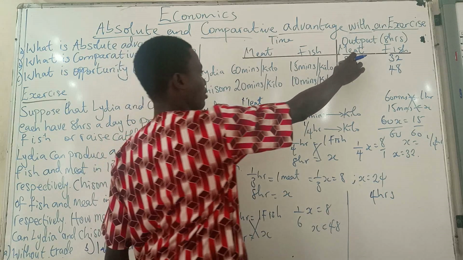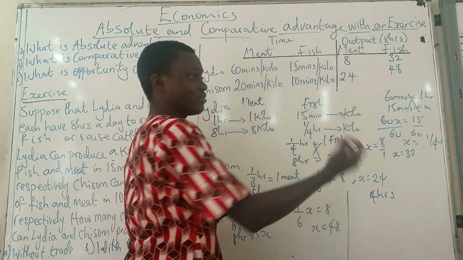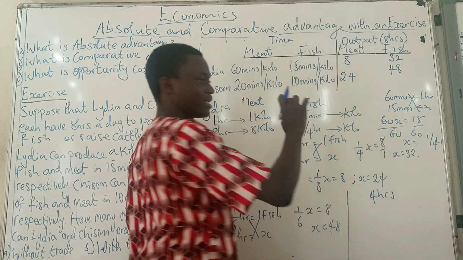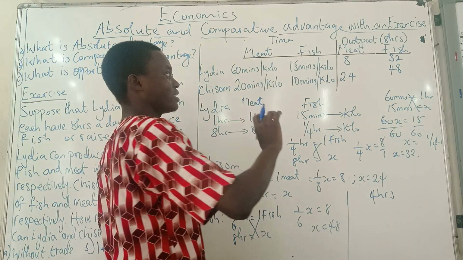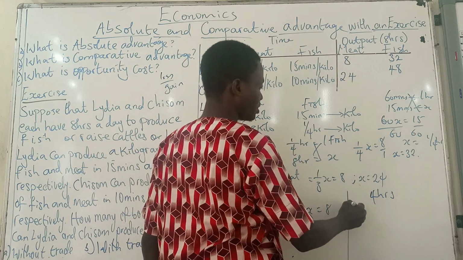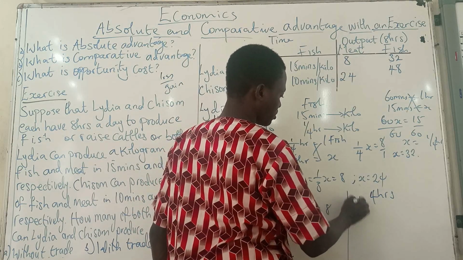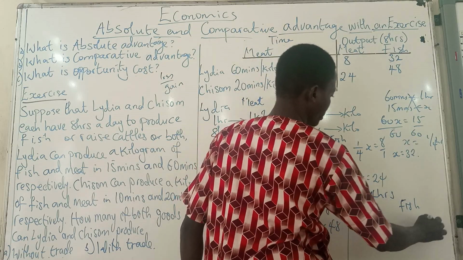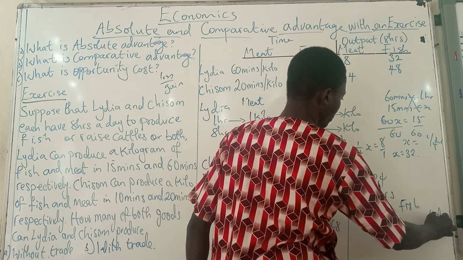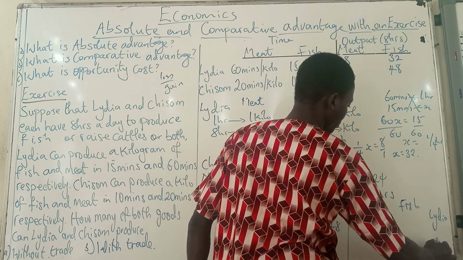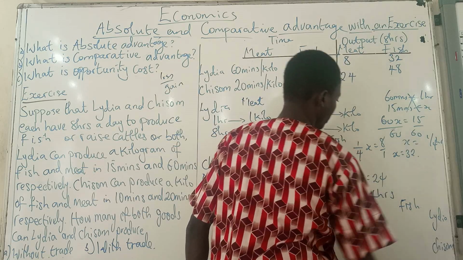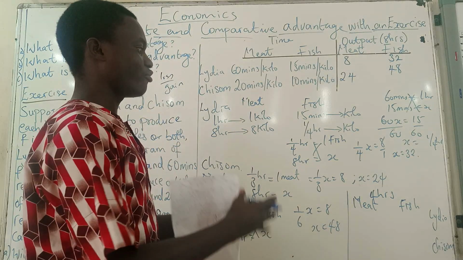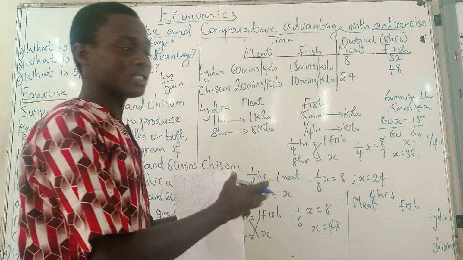This is the entire 8 hours for Lydia. If she's spending 4 hours to produce this, it's half. If she spends half of her 8 hours producing meat, she'll be producing meat and then fish. So this is Lydia, and this is Chisom. If they are spending 4 hours, they will be able to produce half of what they would have produced when they were spending 8 hours.